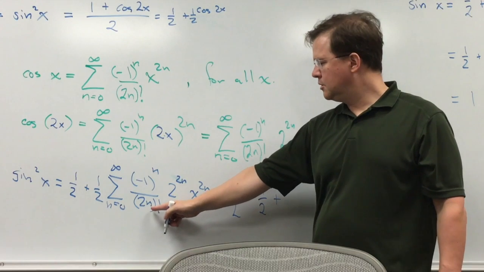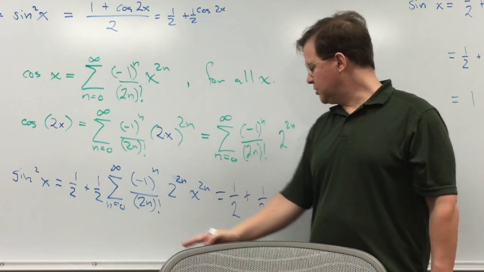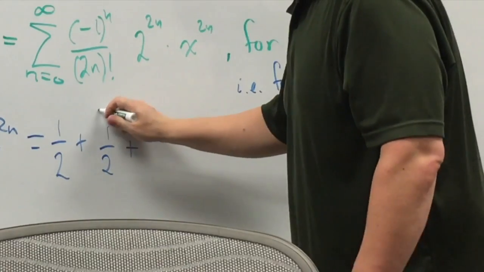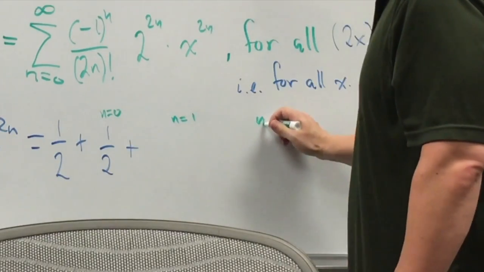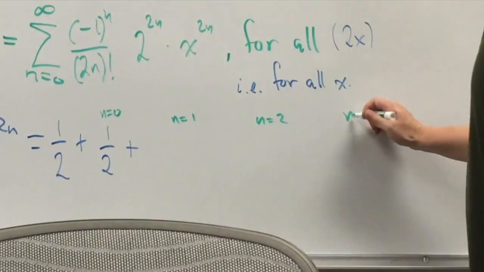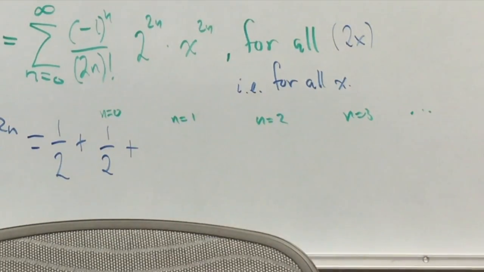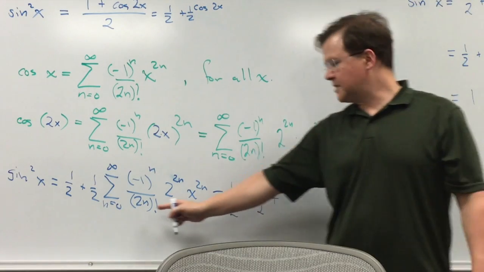Oh, wait, that's going to be 4 factorial. No, wait. What does n equal to? Here is where n equals 0. Here is when n equals 1, n equals 2. I'll go up to 3, and then hopefully by that time it'll be clear what the pattern is. When n equals 1, yeah, that's going to be a 2 factorial.